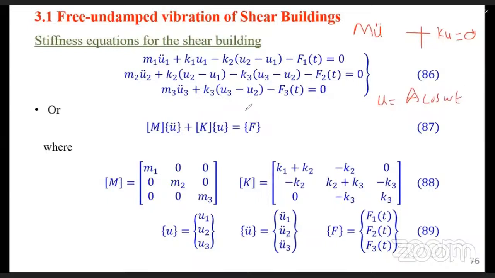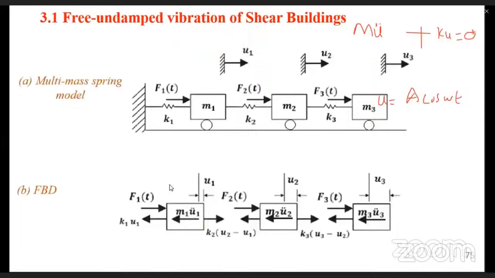Okay. So now if you look at this equation, for the first body we have m1 u1 double dot plus k1 u1. What are the forces acting on the first free body diagram? So you add the restoring forces, m1 a1 plus k1 u1.